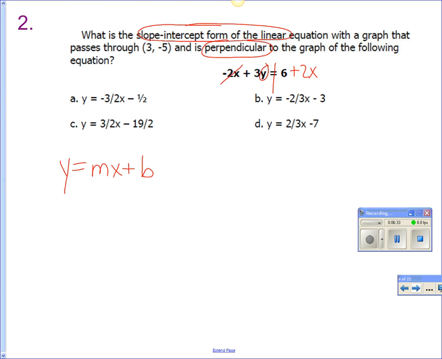Chad, what else do I do on this one? All right, Bishop, which one of these is the slope? The 6/3 or the 2/3? Because it's the one with the x. Good. So this is my slope, but it said perpendicular.